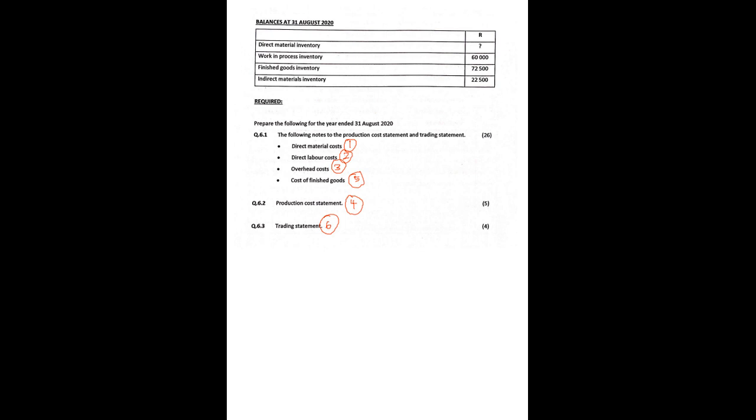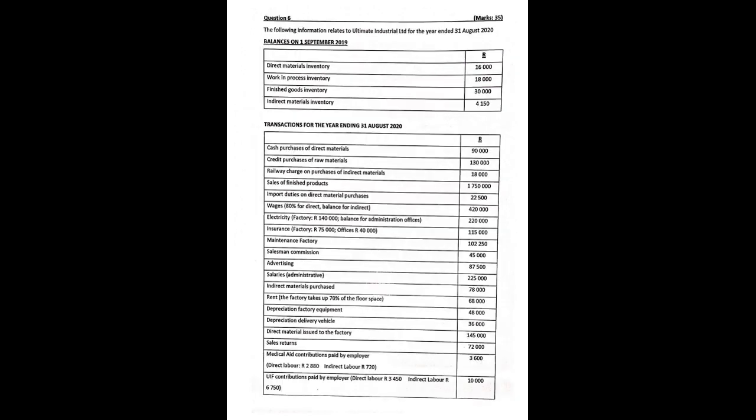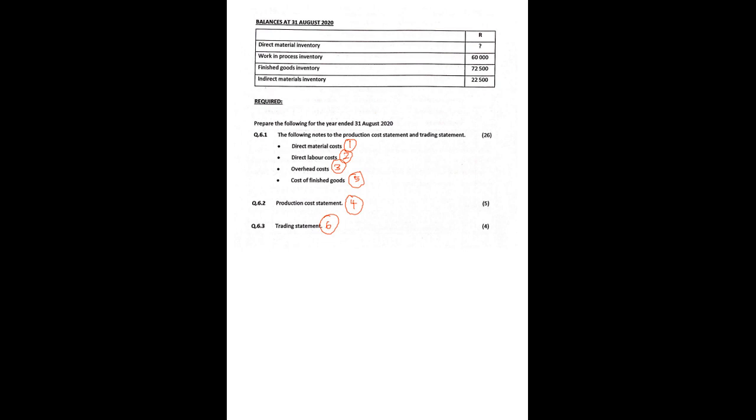So I'm going to draw it up on this page because I don't have much space there. So the direct material cost is note number 1. So when you draw it up, you will say note number 1 and it will be direct material cost.